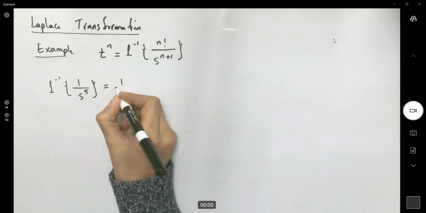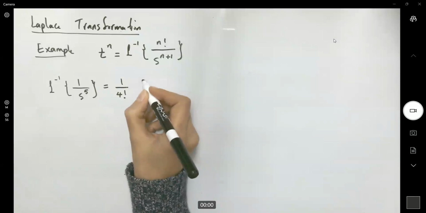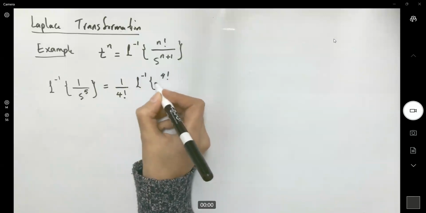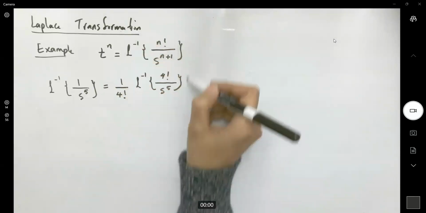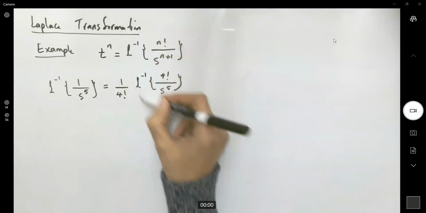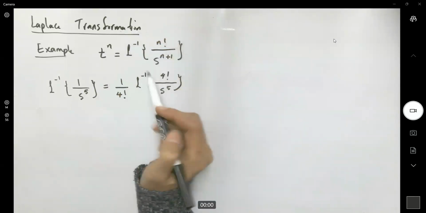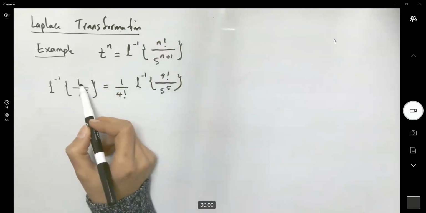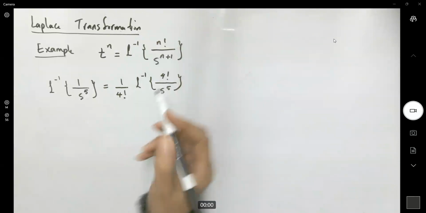So if it was written as 1 over 4 factorial times the inverse Laplace of 4 factorial divided by s to the fifth, you're going to see the exact same relation here, which is equal to t to the power 4. So since we do not have n factorial on the numerator here, we can multiply and divide by 4 factorial.